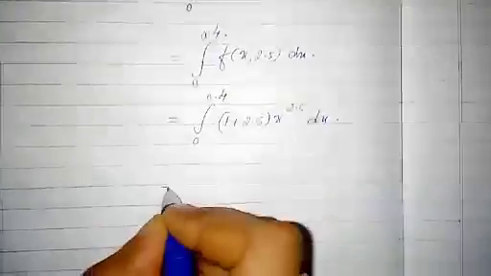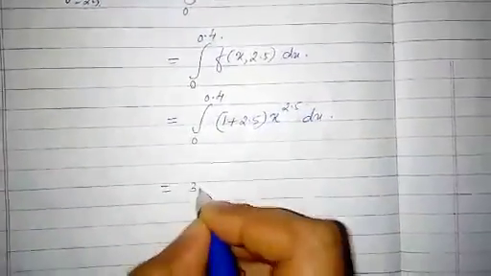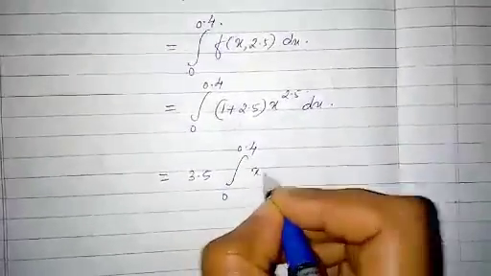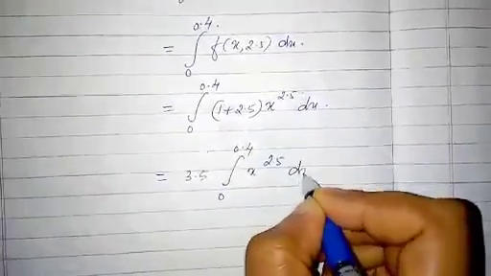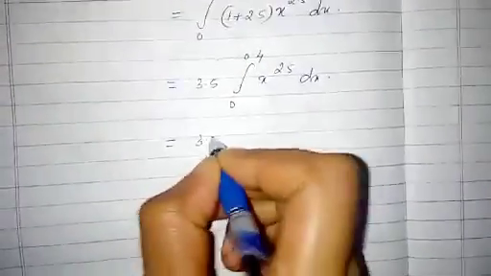It's equal to 1 plus 2.5 equal to 3.5, integral from 0 to 0.4 of x to the power 2.5 dx, which is equal to 3.5.